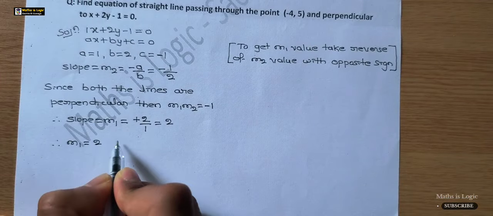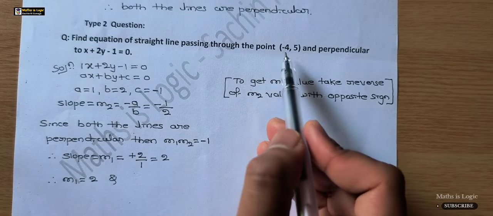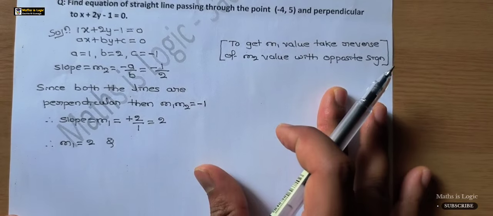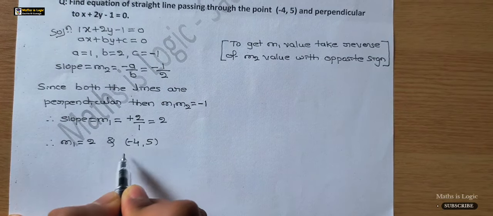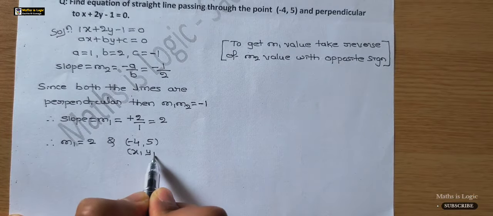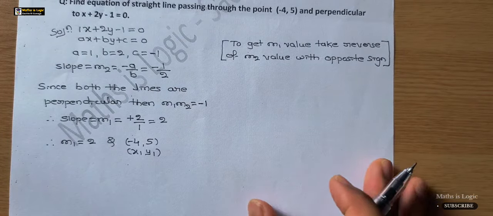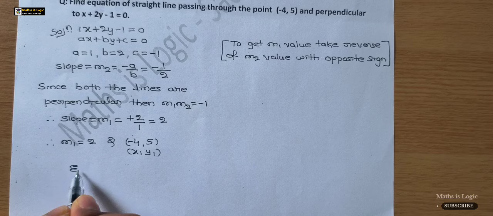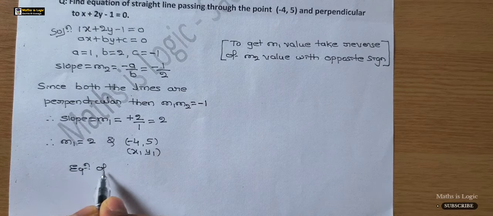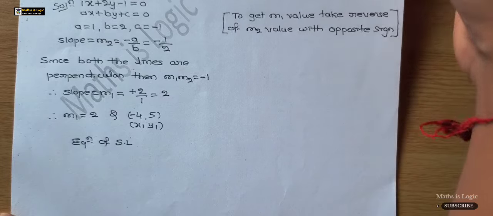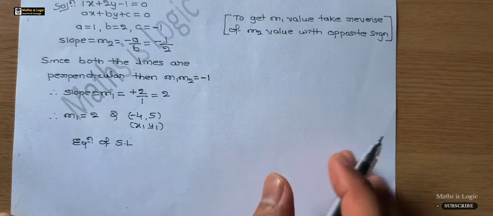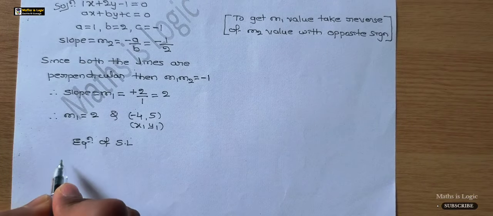So this is 2, and already one point is given. What is that point? Minus 4 comma 5. Minus 4 comma 5 consider as x1 y1. Now find out equation of straight line. Therefore equation of straight line is, write the formula. One point is given, so note one point formula.